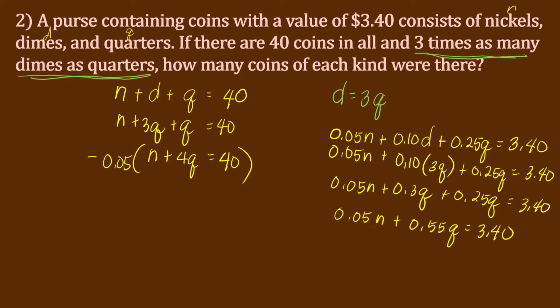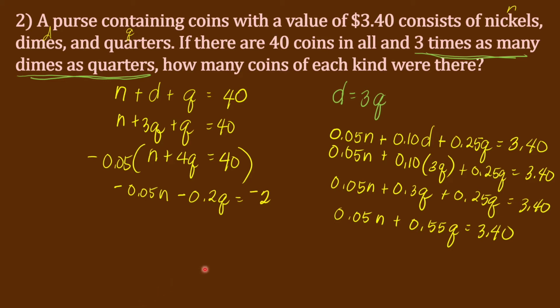So what we have now is negative 0.05 N. Now, 4 times 0.05 is equal to 0.2. So, negative 0.2 Q. And then, negative 0.05 times 40 is equal to 2. So, that will give us negative 2 here.